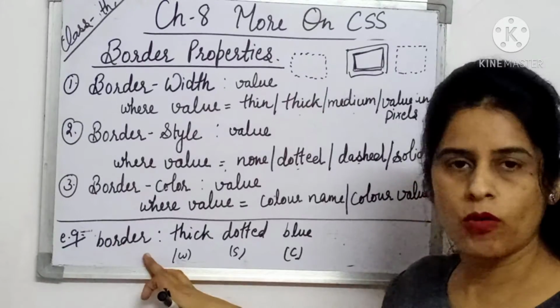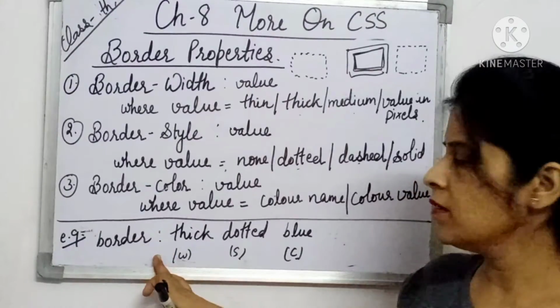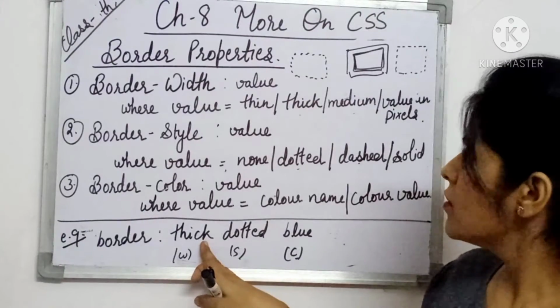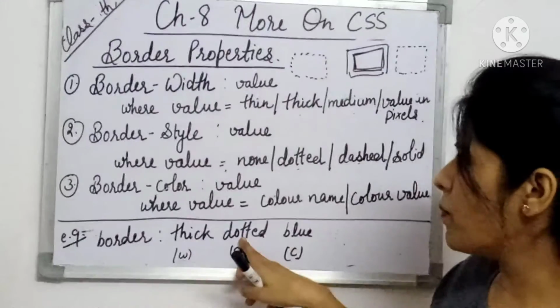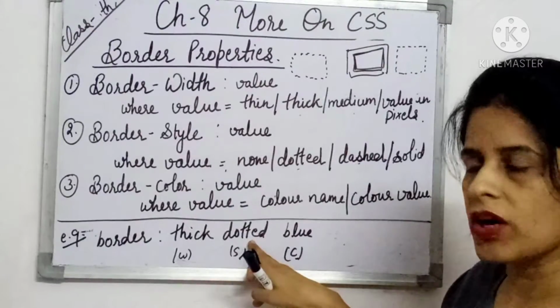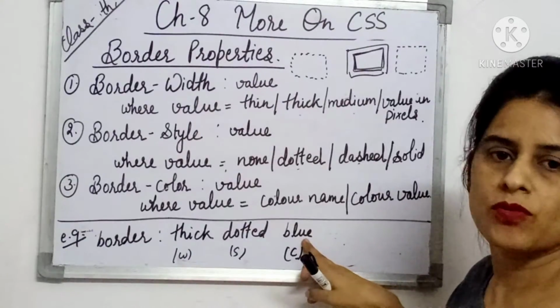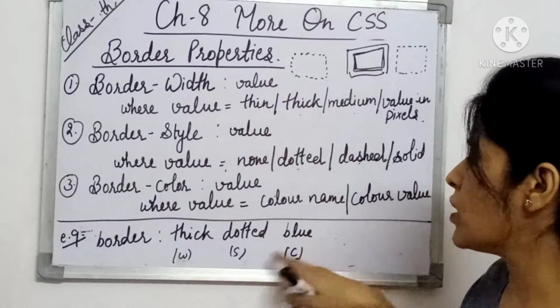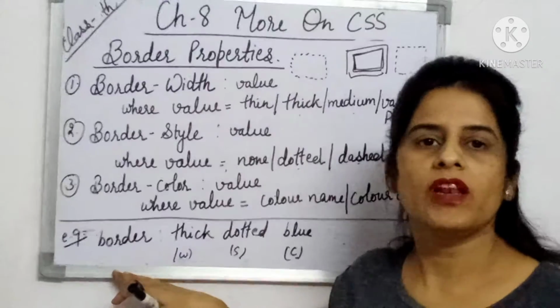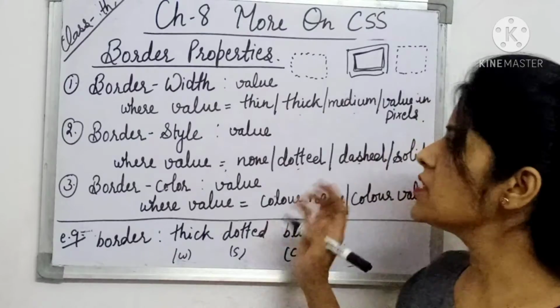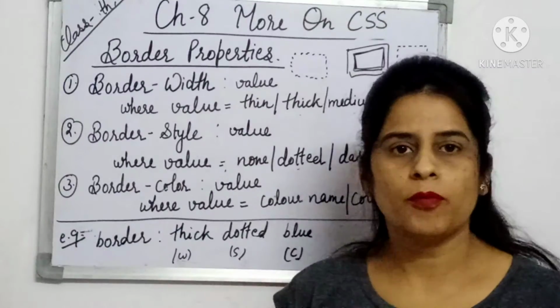You have to specify only border, then border width, that it should be thick. I have written thick. Second property, border style, that I have used is dotted. And the third property I have used is border color, that is the blue color. By using these three properties, your border will look like this. This is all about your border property.